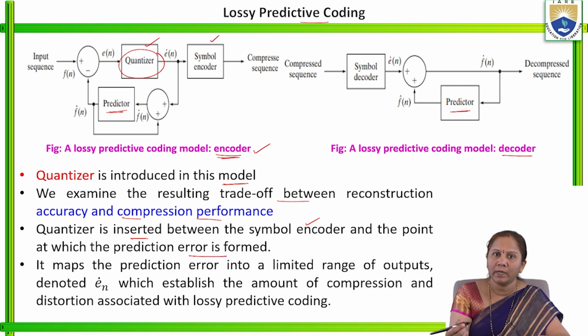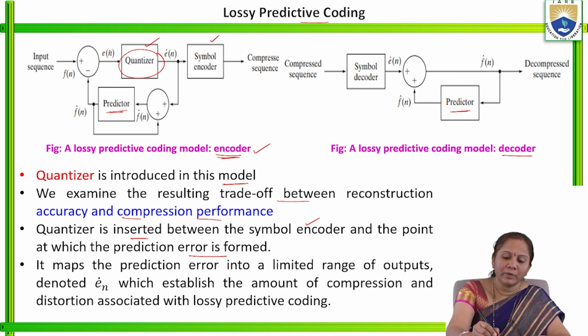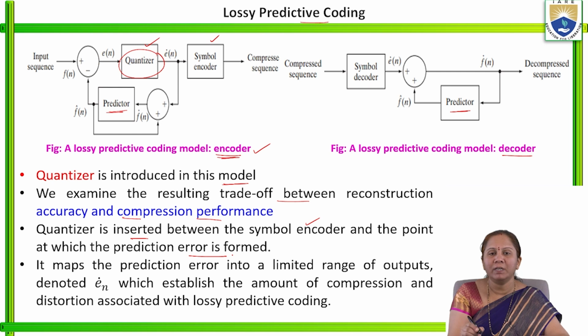Here the error is indicated with e of n, which comes from the predictor block acting as the feedback block. We will call this the prediction error. So the quantizer is present between these two blocks: the symbol encoder and the prediction error block.